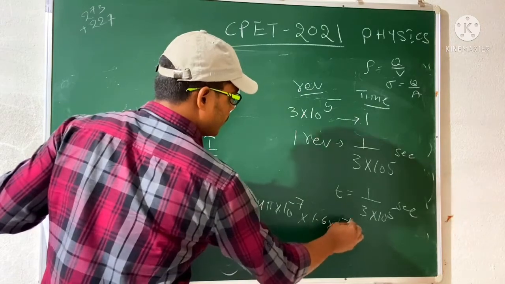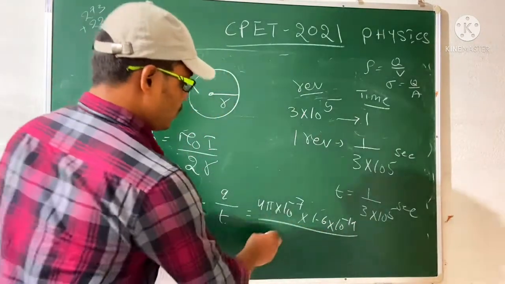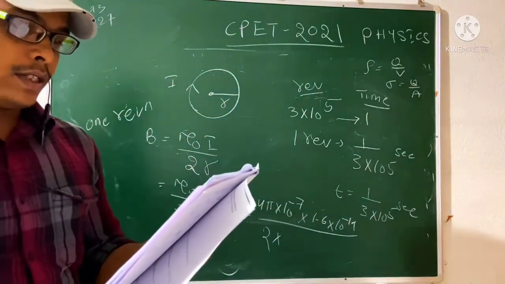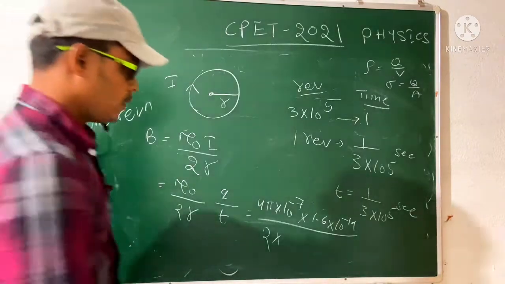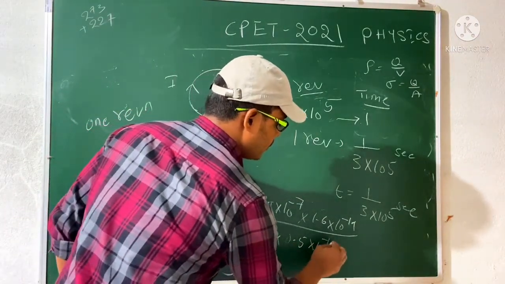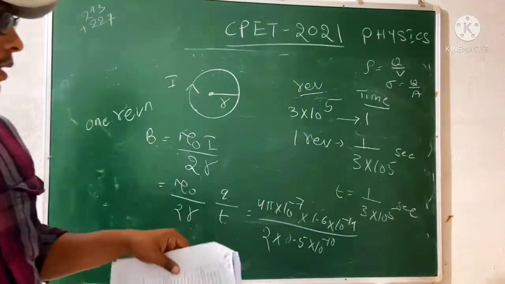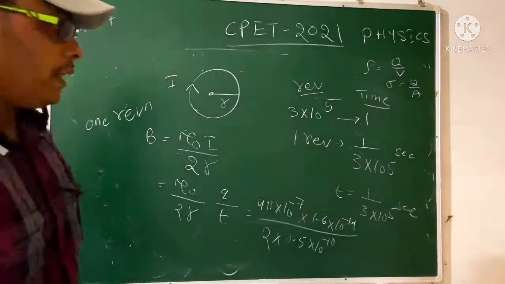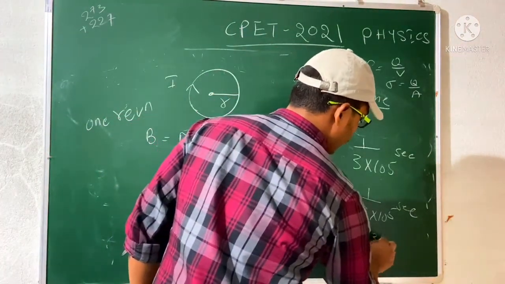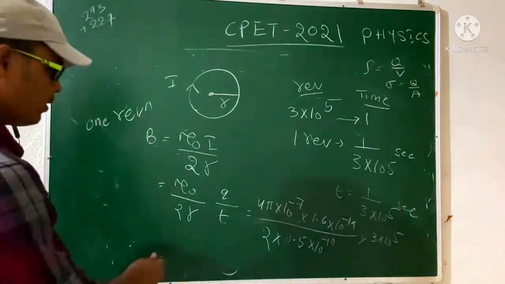That is 1.6 into 10 to the power minus 19 coulomb. Then what is the 2r? 2 into r. The radius is given to you, so the radius is 0.5 angstrom, so this is 0.5 into 10 to the power minus 10. Then what is the time? The time is 1 by 3 into 10 to the power 5, so that will give you 3 into 10 to the power 5. So this is the answer for magnetic field.